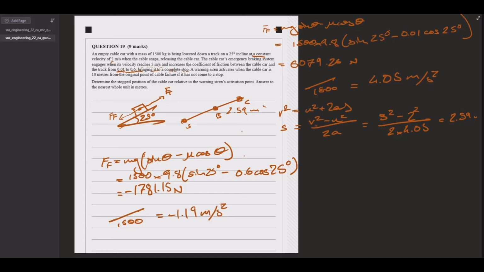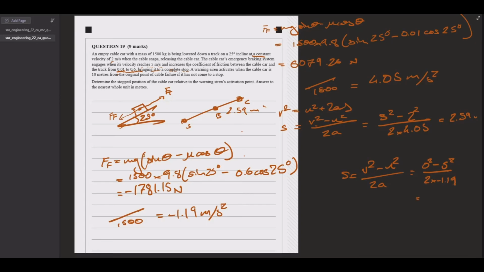So we're going to reuse that same formula from before. V squared equals U squared plus 2AS. We know the initial velocity for this section is actually going to be 5, and the final velocity is going to be 0, and we're rearranging for S again. So V squared, final velocity, 0 squared, minus initial velocity, 5 squared, divided by 2 times negative 1.19.